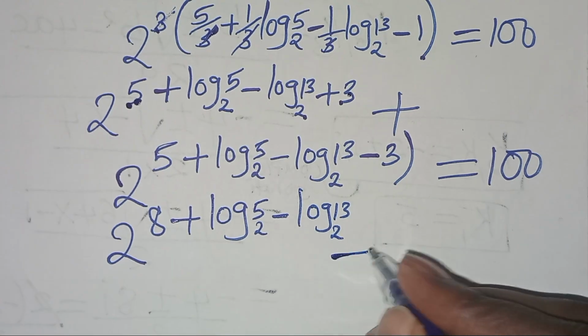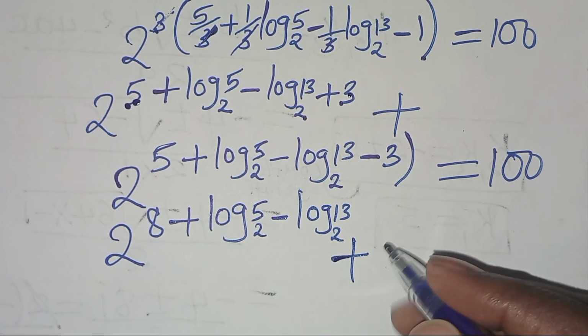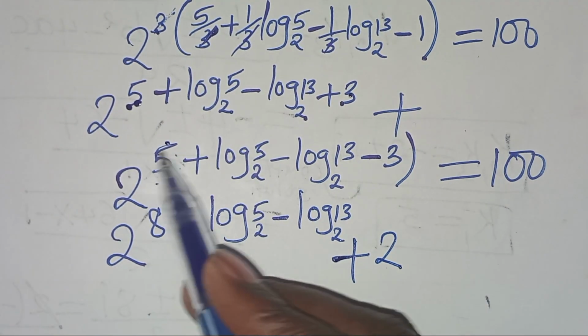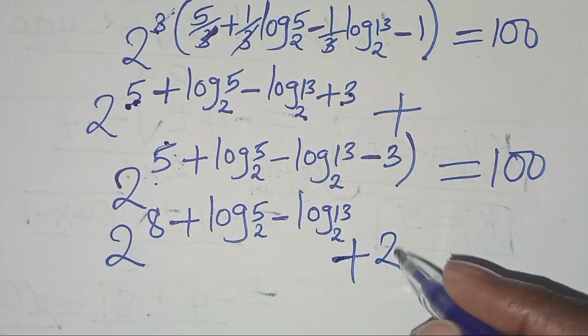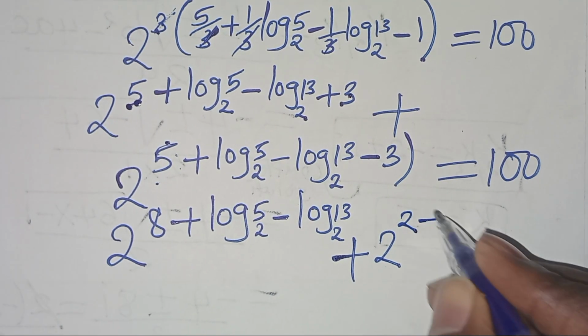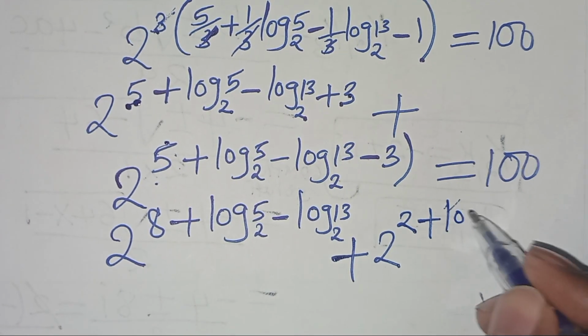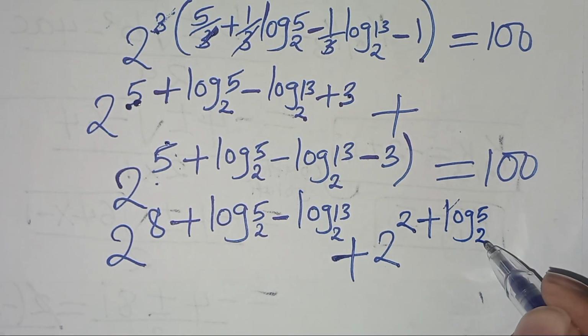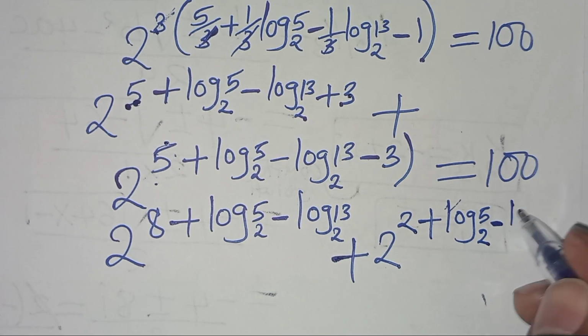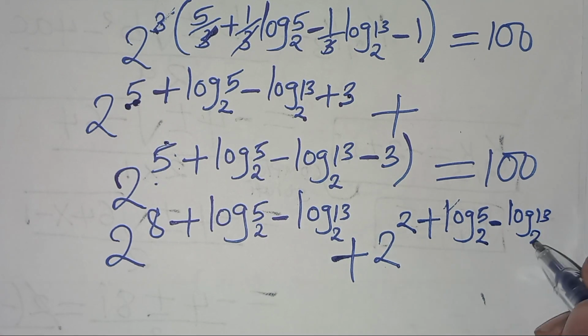Then plus, here we have 2 to power, now this is 5, subtract 3, so we'll have 2. So plus log 5 to base 2, then subtract log 13 to base 2.